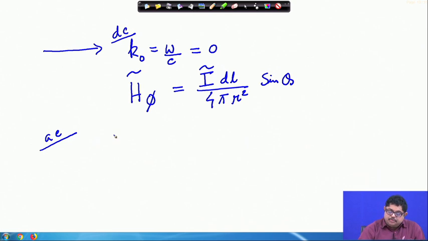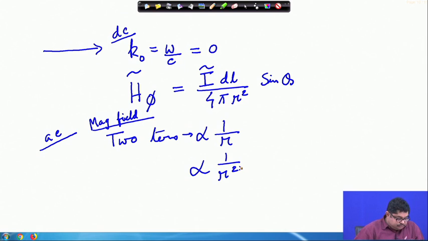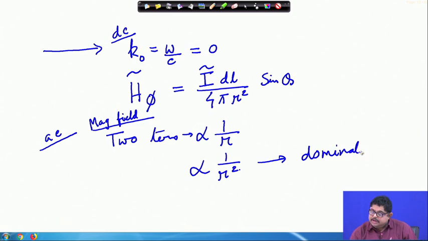So, we have two terms in the magnetic field, one varying inversely with electrical distance, that is 1 by r, and another varying inversely with the square of that distance, 1 by r square. Now, close to the antenna, this r value, or k naught r, is very small. So, the 1 by r square term dominates over the 1 by r term near the antenna.